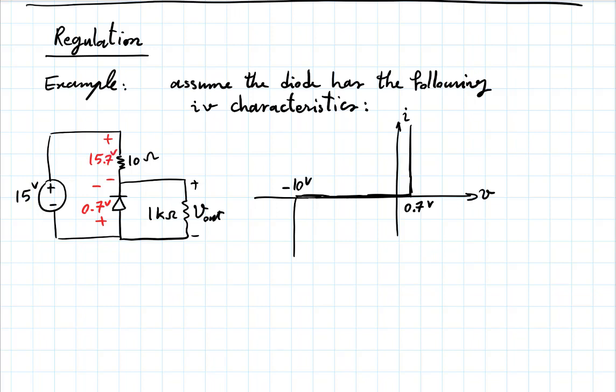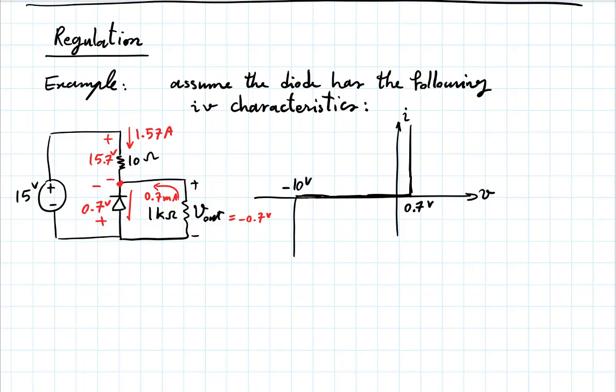15.7 volts, right? There will be a current going there, 1.57 amps. What's V out? It is minus 0.7. And so there is a current going like this, 0.7 milliamps. What does KCL here say?